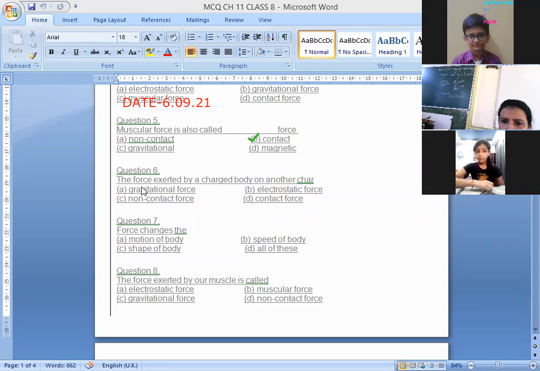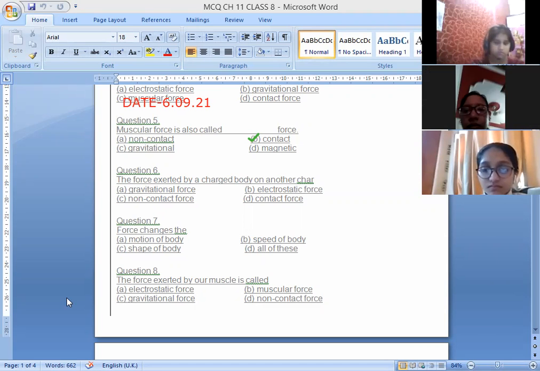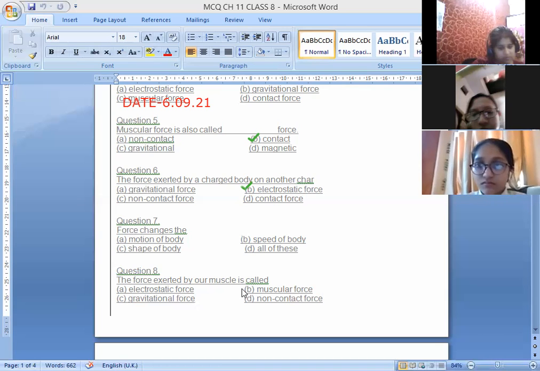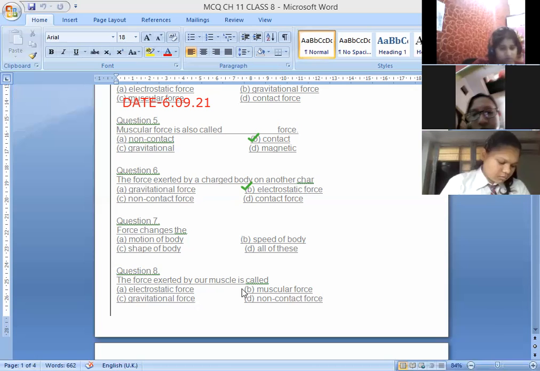No, beta. The force exerted by a charged body on another charged body. We are talking about the charged bodies. Which type of force? Tanya. It's electrostatic force, beta. Yes, electrostatic force that remains for some time. It's not a permanent change.